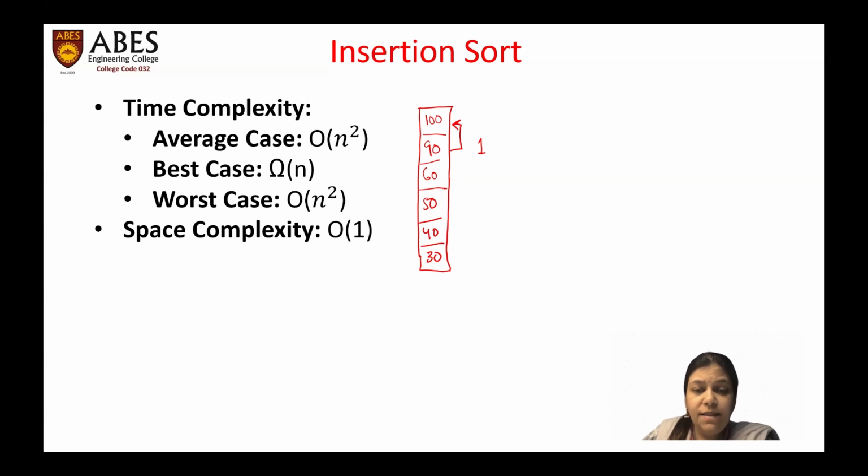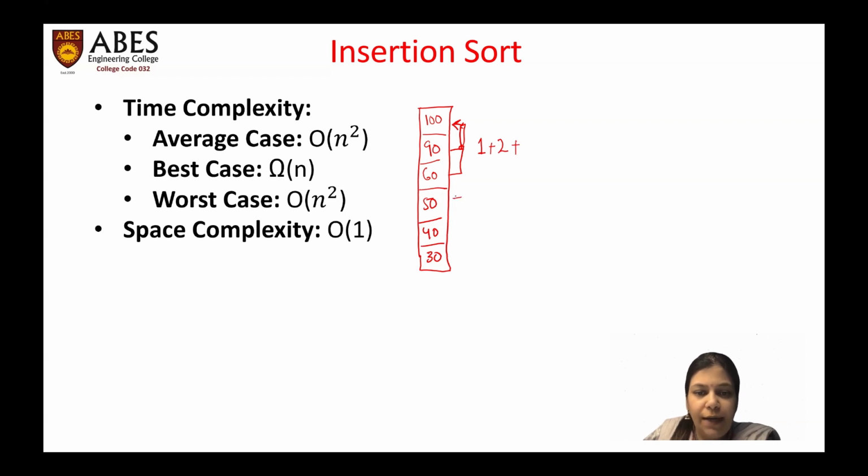But in the second iteration, we have to compare this 60 with both these elements, because both of them are greater than this key value. So for the second iteration, the number of comparisons will be 2.